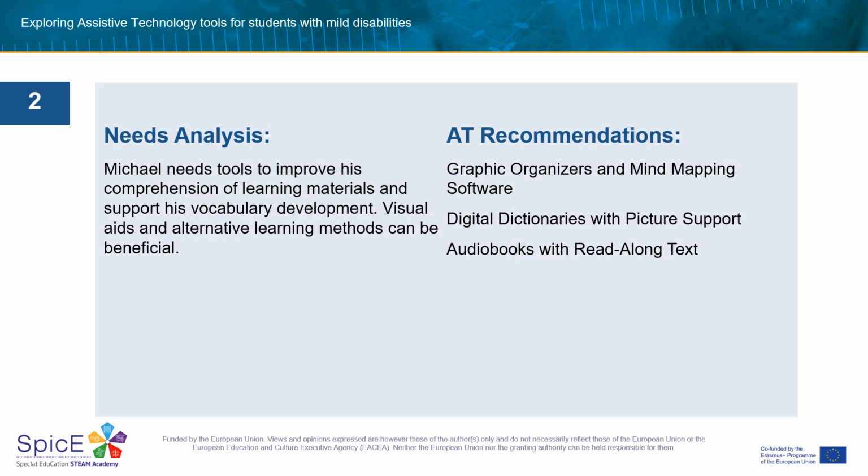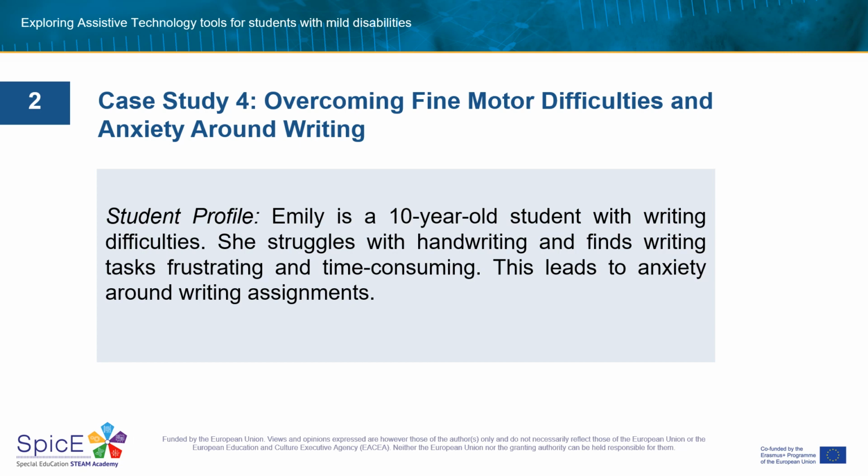This will allow Mikhail to look up words and see corresponding pictures, enhancing his vocabulary development. Audiobooks with read-along text. This can help Mikhail follow along with the text while listening to an audiobook, improving comprehension and vocabulary retention. Case Study 4.